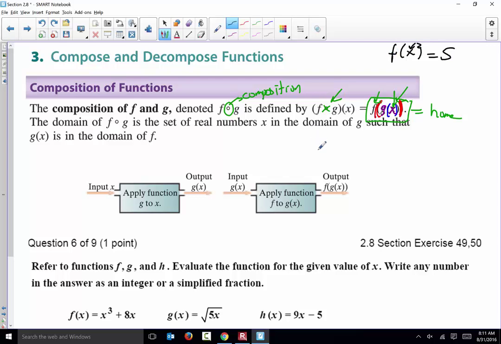But this is a double bus. The passenger first gets into G, and G processes that passenger, and then wherever he landed with G, he immediately gets onto the other bus F and reaches the final destination.